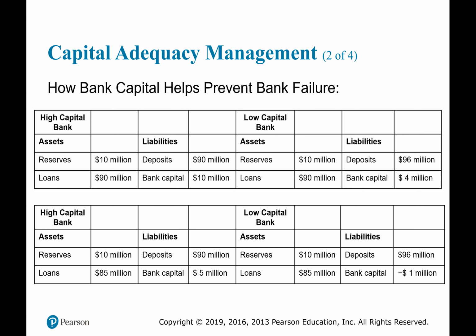Now on the second line, let's have a look and see what happens if, for instance, 5 million of the loans go bad. In other words, whoever the bank has loaned to, the companies, go bankrupt. That typically happens in a recession, by the way. So here we have assets going down by 5 million on the bottom left-hand side T. What does that affect on the right-hand side?